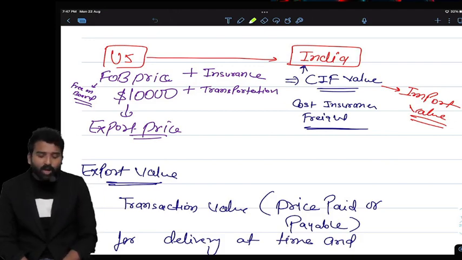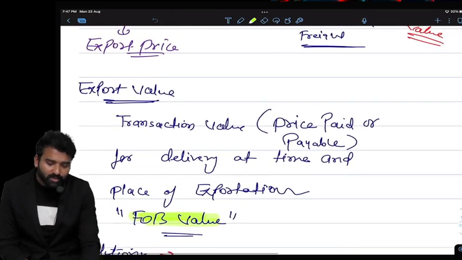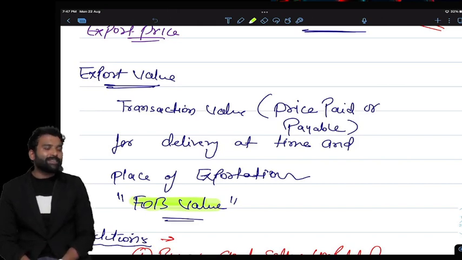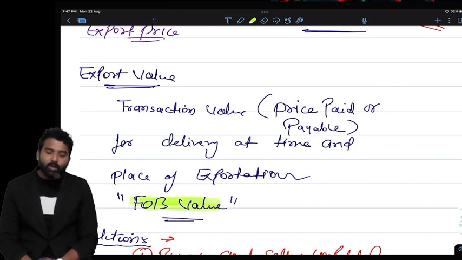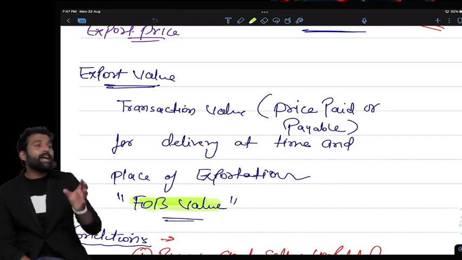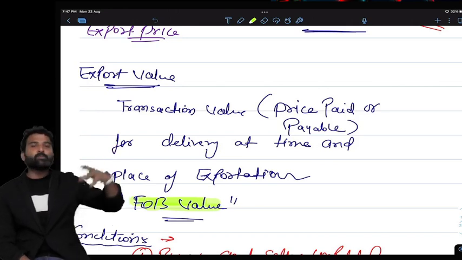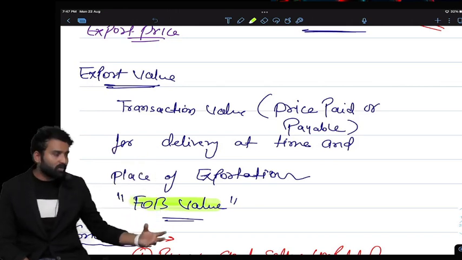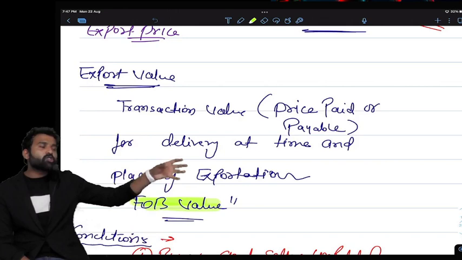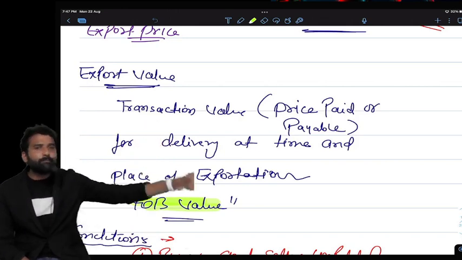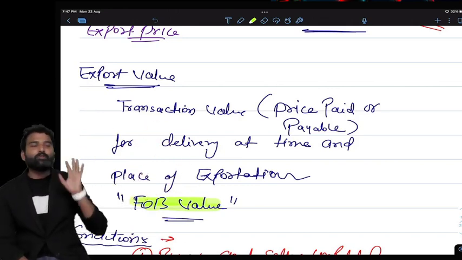Sir, what about the export? In case of export, what is the price at which I have to pay the export duty? Transaction value for delivery at the time and place of exportation. So from where I am exporting my goods, sir, I am exporting my goods from Mumbai airport or Mumbai port. So the cost of bringing the goods to the Mumbai port or Mumbai airport is the value for the purpose of export.